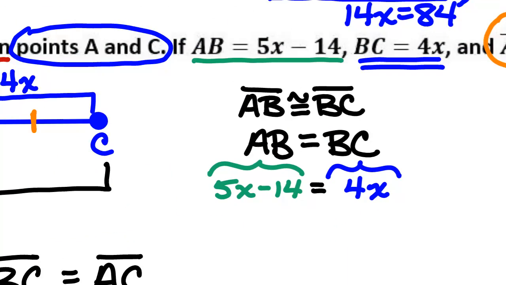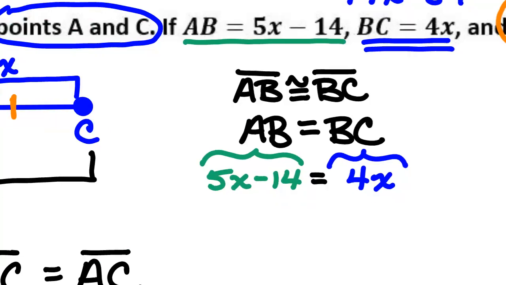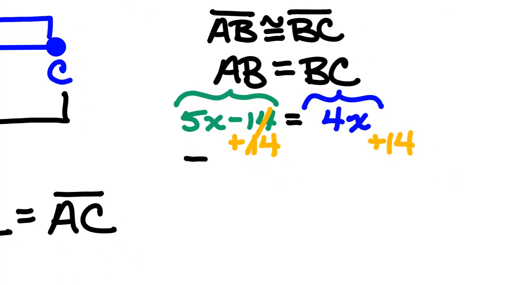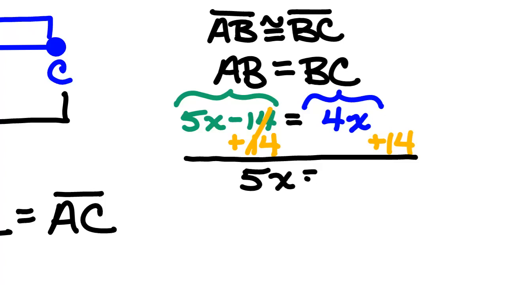What do I need to do first if I'm going to solve this for x? I can add 14 to both sides. Now that 14 and 4x, will they combine? No, 14 is not a like term with 4x. All right, so I have 5x equals 4x plus 14.